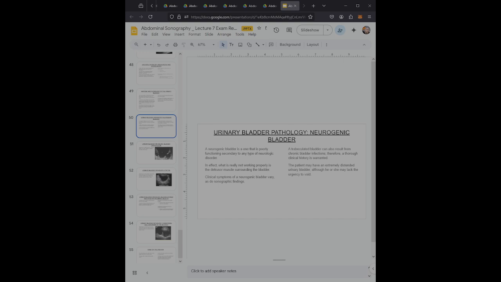A neurogenic bladder is one that is poorly functioning secondary to any type of neurologic disorder, such as brain trauma or spine trauma, and sonographically we see thickening of the urinary bladder wall, trabeculation, and the patient may have a distended bladder without the need to micturate.